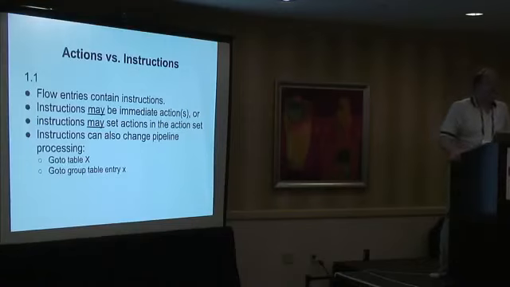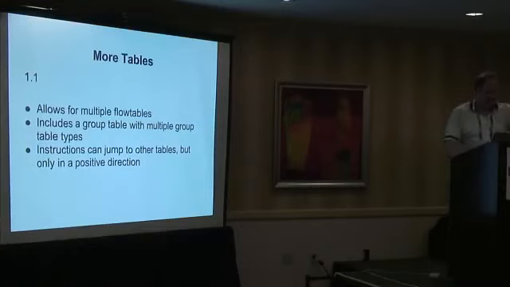An instruction might say set bit 20, and then in a future table, a match might say if bit 20 is set, do something. So you can not only collect actions that need to take place on the packet in the action set, but you can also flag the packet so it will match specific table entries further down the pipeline. So you can see it got a lot more complicated.